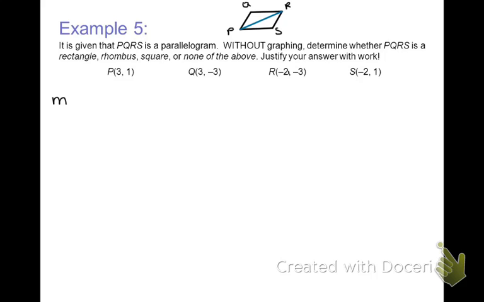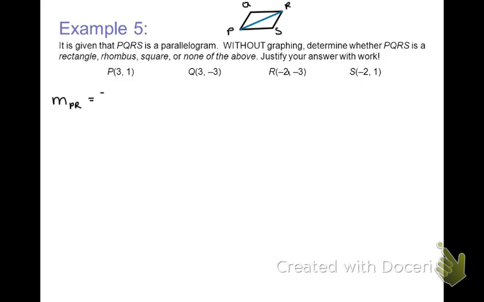So we're trying to find the slope of what? Which side or which thing? Not PQ. PQ is a side. I'm trying to look at the diagonals, so make sure you're looking at the right points. By now I should be able to rattle off the slope formula to you guys, and you shouldn't have to have me re-explain it. Here are the points: P and R. On the top I'm going to subtract my Y values, on the bottom I'm going to subtract my X values.